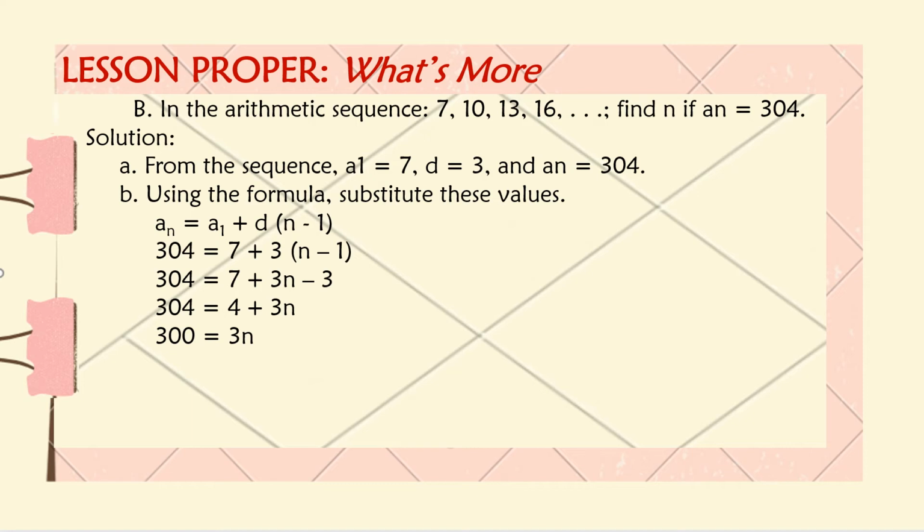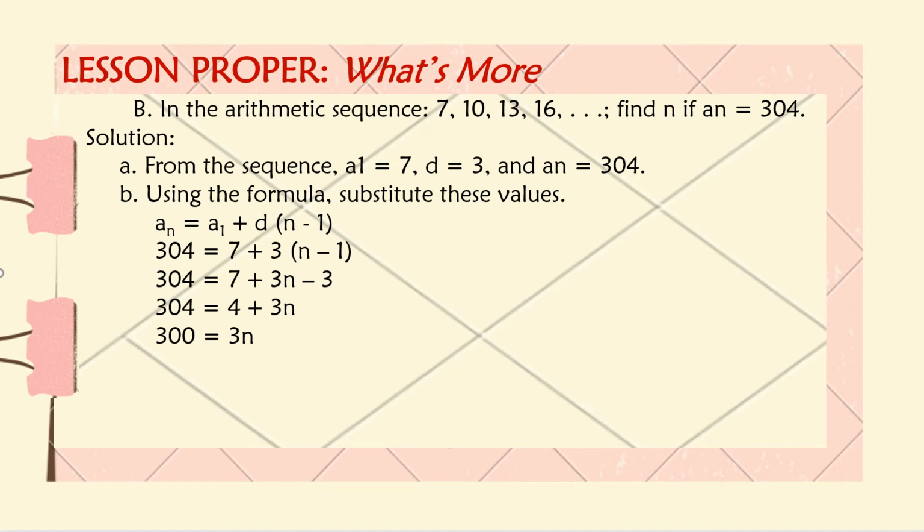Okay, now, may kasamang variable si 3n. So, ano naman yung gagawin natin dito? Ang gagawin natin is i-multiply natin both sides by the reciprocal of 3. Ano ang reciprocal ng 3? Yung 3, ang denominator niyan, 1. So, kapag kinuha natin yung reciprocal ng 3 over 1, so that is 1 over 3.